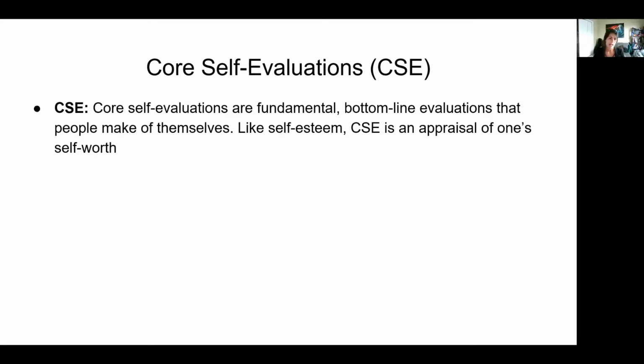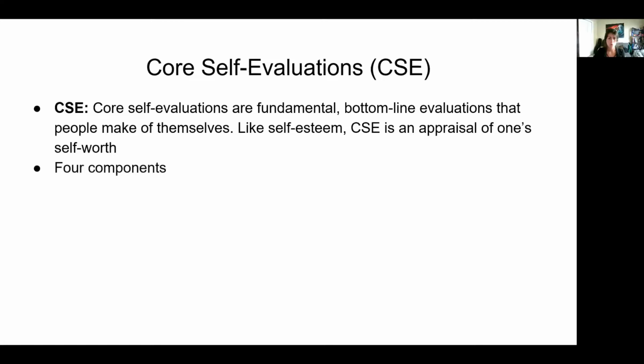And of course, as you would probably expect, that just intuitively relates to your affect. So how you feel about yourself, just broadly, your core evaluation of who you are and how you feel about yourself. So basically it's an appraisal of your self-worth. And if it's positive, you're probably going to have more positive affect. And if it's negative, you're going to have more negative affect.